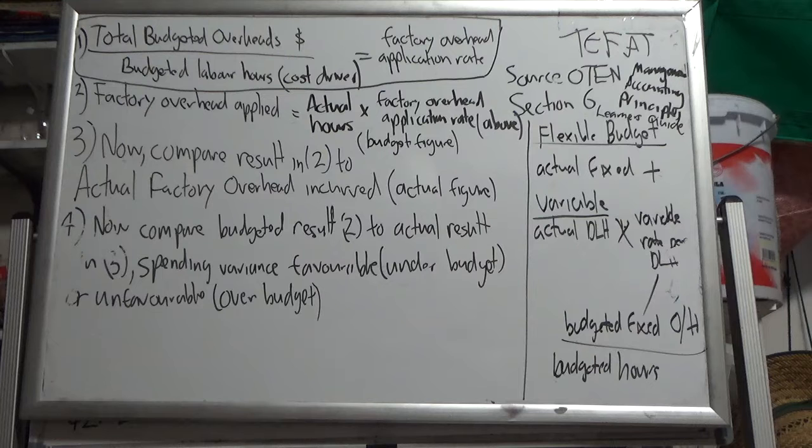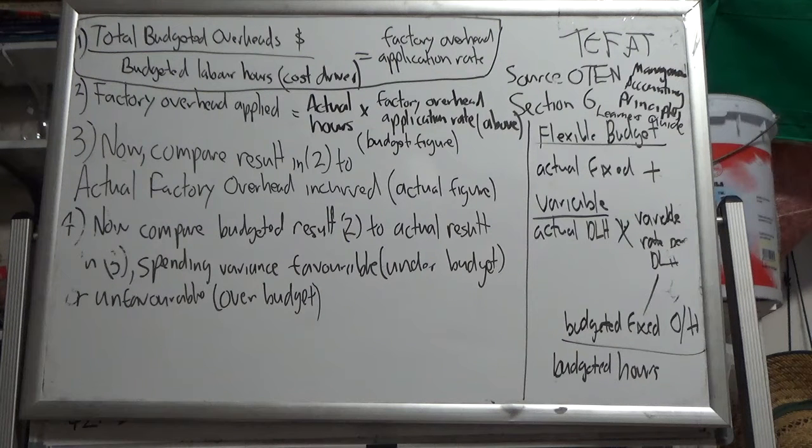So yes, step 2, you multiply the factory overhead applied using this rate, and that rate is in dollars per hour. You multiply it by actual hours, as we mentioned, right? That's step 2.